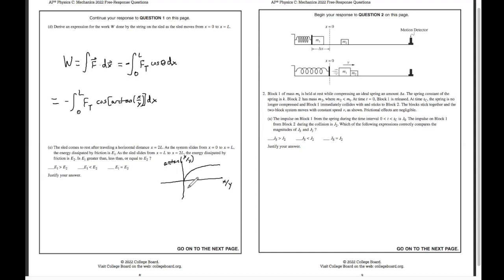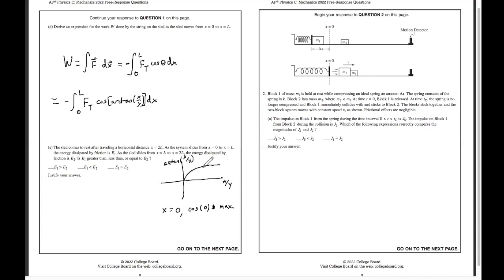The thing to note is that when x is equal to 0, we get cosine of 0 in our work done expression, which is maximized. And in addition, as x gets larger, the function starts to taper off.